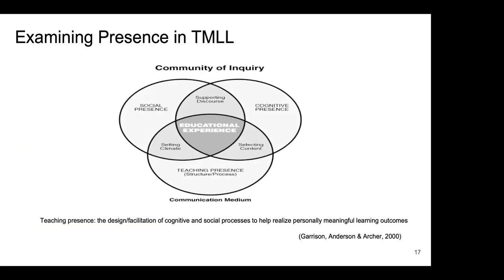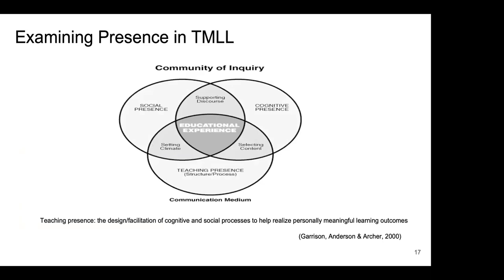It talks about the social presence, that is the way that students in online spaces can project who I am. How do I present my identity in these spaces? And cognitive presence is the use of communication to understand content and work with it in a meaningful manner.